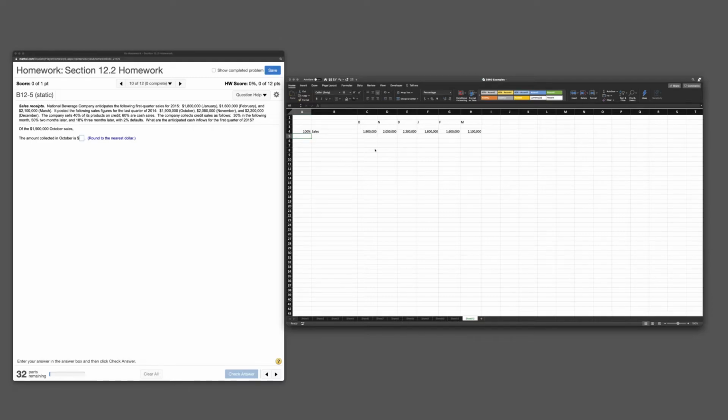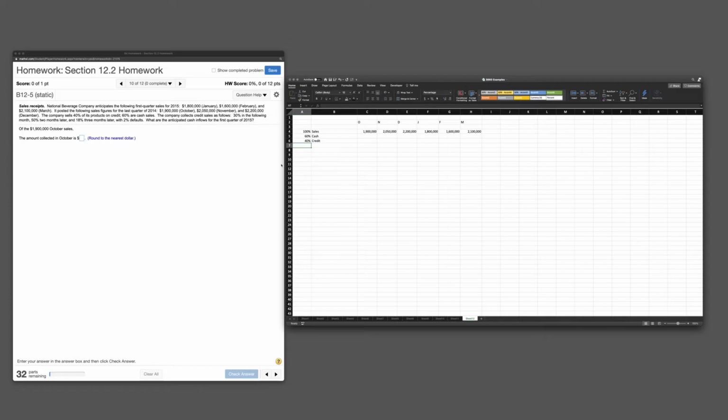So let's take a look at cash sales. 60% are cash sales. And what's left? Well, we have 40%. 40% is on credit.